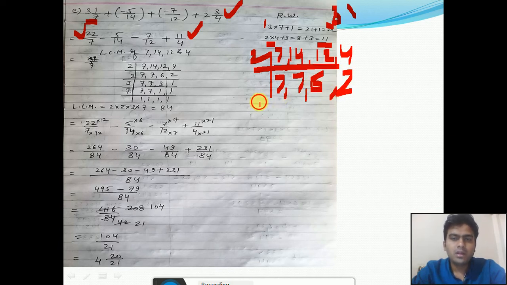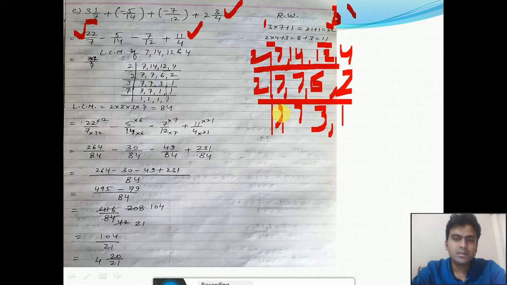Now again we can divide the 6 and 2 by 2. 2 3s are 6, 2 1s are 2. Now 7 is left, so that 7 we will write as it is. Now 7 and 3 are left, so we will divide by 3. 3 1s are 3 and 7 as it is.